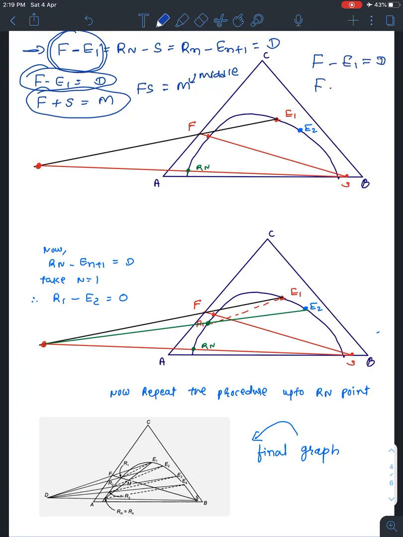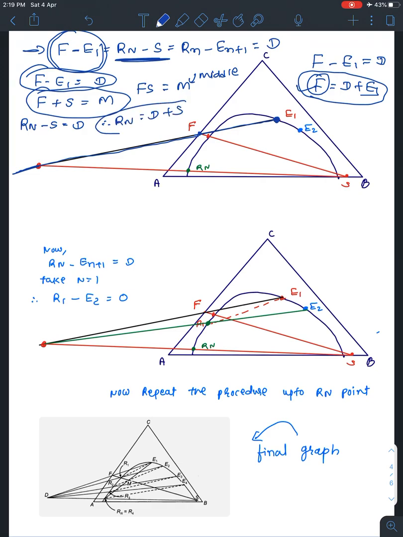As you can see, F equals D plus E1, so this F will be the middle point. Now among these three parameters we have F and E1. Okay, as you can see, this is F and this is E1. So if I join this F and E1, at the extension I would have some point, but at which point? Okay, similarly, this is Rn minus S, Rn minus S equal to D. Okay, so I can write Rn equal to D plus S.